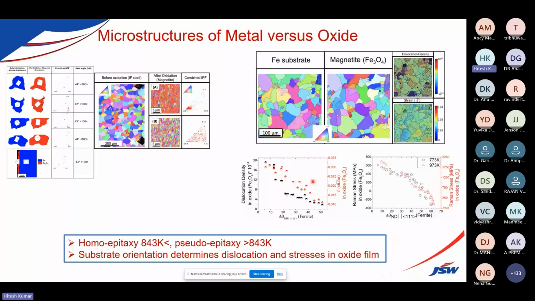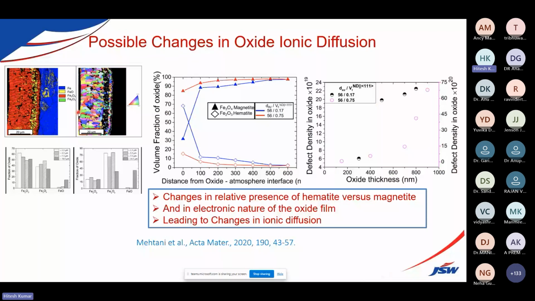To confirm that, we also calculated the defect density. This defect density is calculated with the help of Mott-Schottky analysis, and this is one of the ways to calculate the oxide thickness at different nanometers. We also, with the help of XPS, calculated the fraction of magnetite and hematite in the oxide scale.